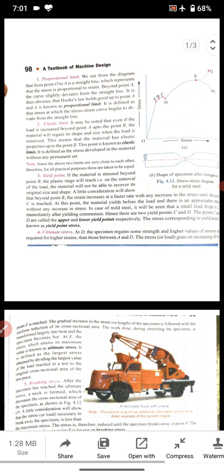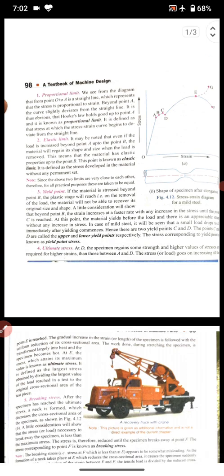Okay, means you may get plastic deformation without increasing or without applying stress. In case of mild steel, it will be seen that a small load drop occurs immediately after yield commences.